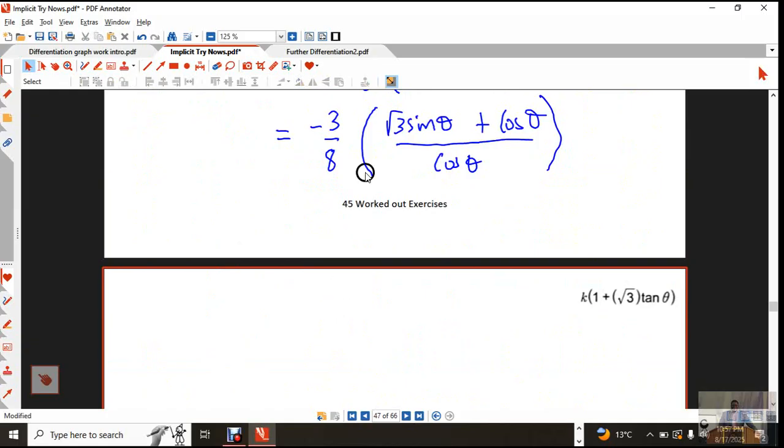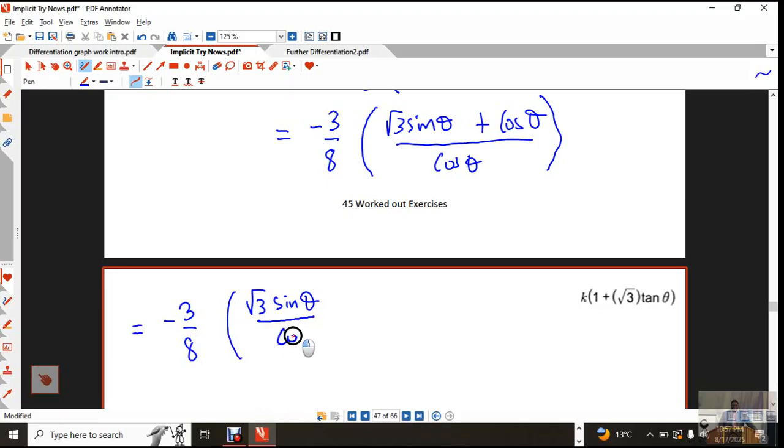looking for. So at the end of the day, we are going to put everything over cos theta because somewhere things might happen. So I'm going to have negative 3 over 8, and then I have root 3 sine theta over cos theta plus cos theta over cos theta.